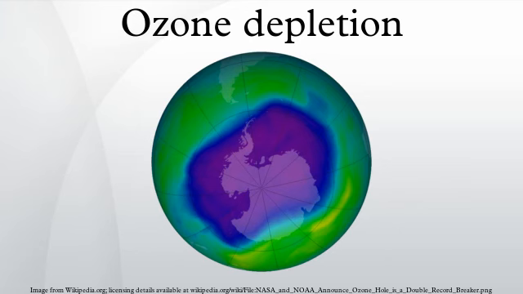Given the longevity of CFC molecules, recovery times are measured in decades. It is calculated that a CFC molecule takes an average of about 5 to 7 years to go from the ground level up to the upper atmosphere, and it can stay there for about a century, destroying up to 100,000 ozone molecules during that time.